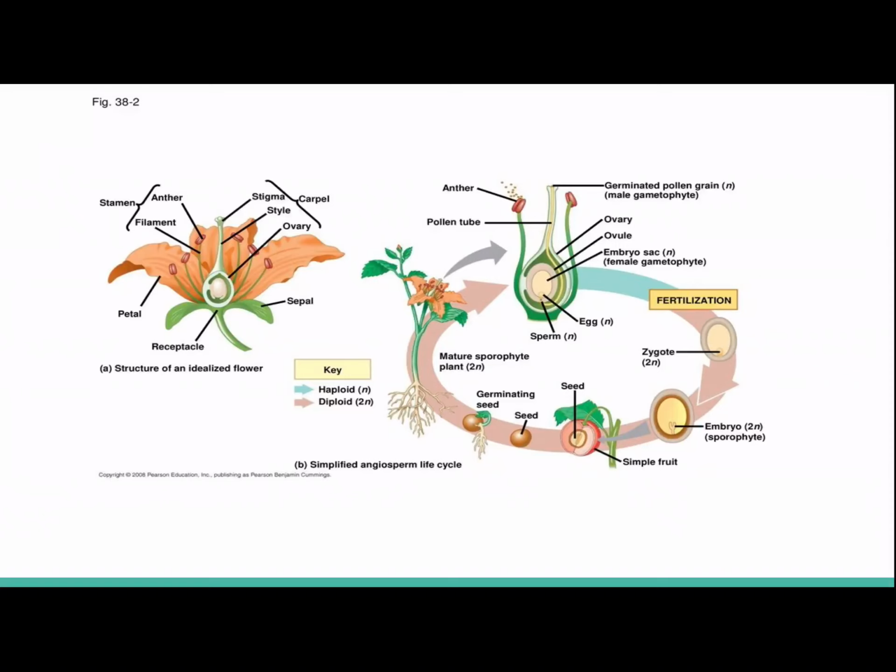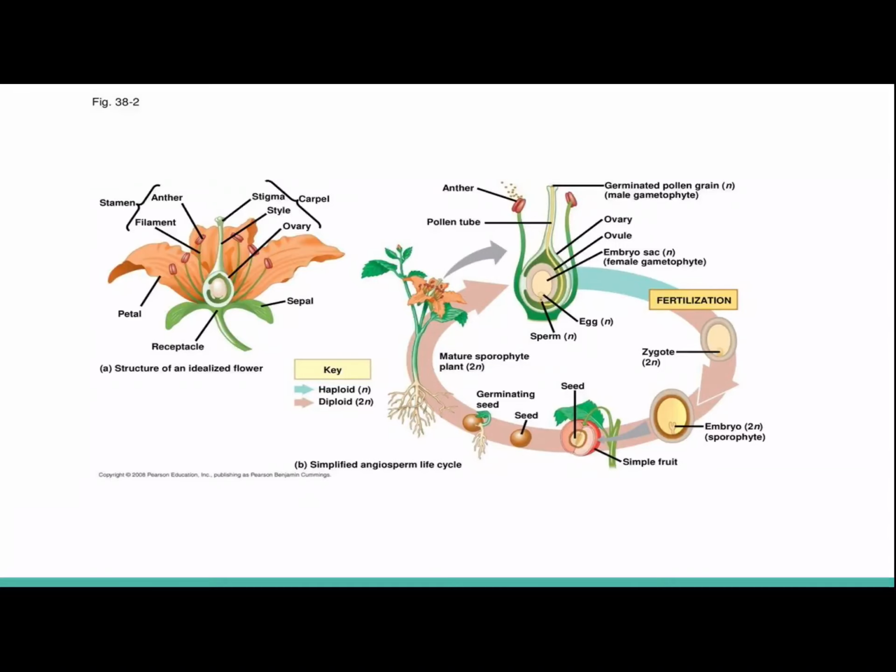Then you have the carpel, also known as the pistil, and that is the stigma, the style, and the ovary. That is the female organ of the flower, and down inside the ovary is where you find the eggs. Okay, now we are going to look at this much deeper later on in our study of plants. However, on the right-hand side of this slide, you see the life cycle of an angiosperm.